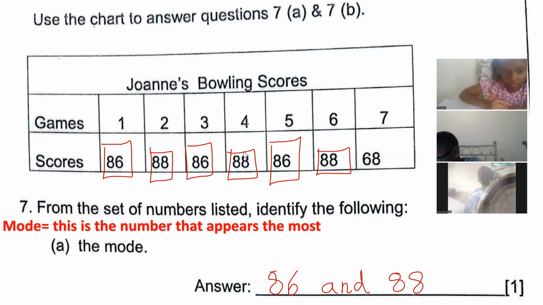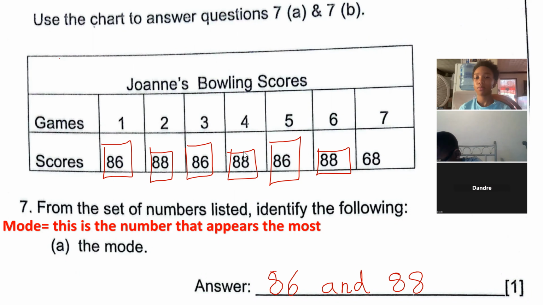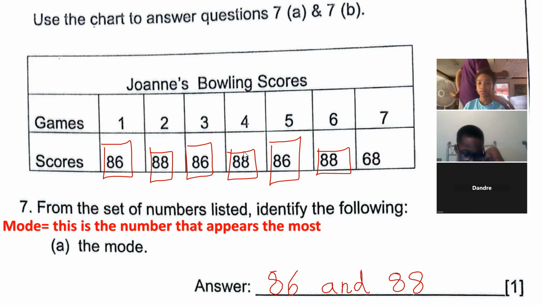Candasia, what is the mode? The mode is the number that appears the most. Very good. What two numbers appear the most in this data set? 86 and 88. Very good. Diana, what is the mode? This is the number that appears the most. Very good.